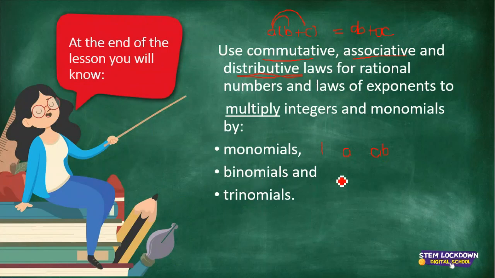Binomials, we're looking at basically two terms, like 1 plus A, okay, or A plus AB. So those are two terms. Bi, the word bi means two. And tri is 3, right? So 3 terms. You could have 1 plus A minus AB.